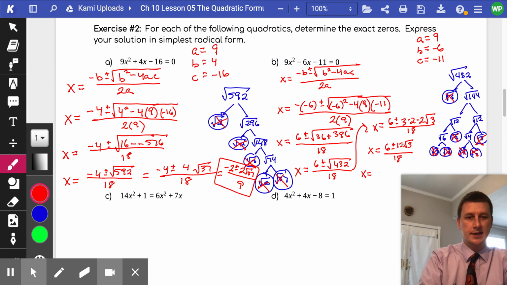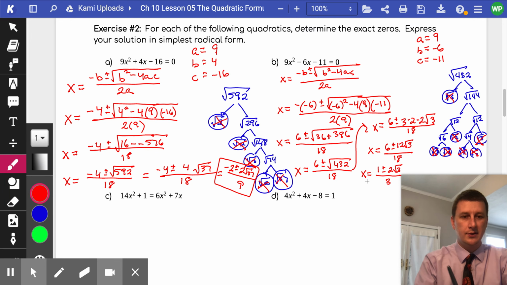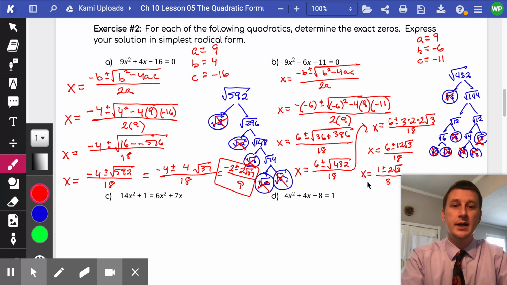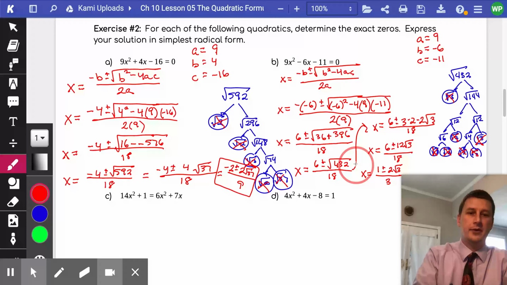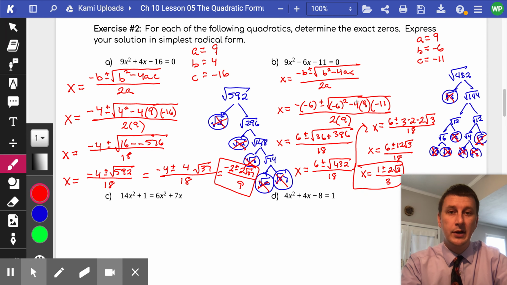So you could divide 6, 12, and 18 all by 6 to simplify one final step further. 6 divided by 6 will give you 1, plus or minus 12 divided by 6 will give you 2. You keep the radical 3 as it is, over 18 divided by 6, which is 3. So your final answer in simplest radical form is x is equal to 1 plus or minus 2 radical 3 divided by 3. Lots of work in this problem too.